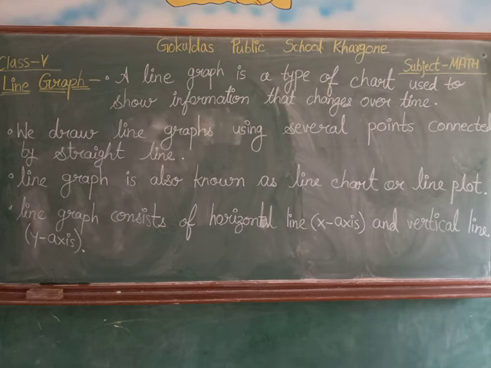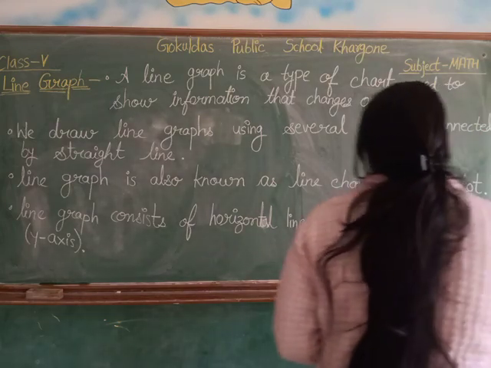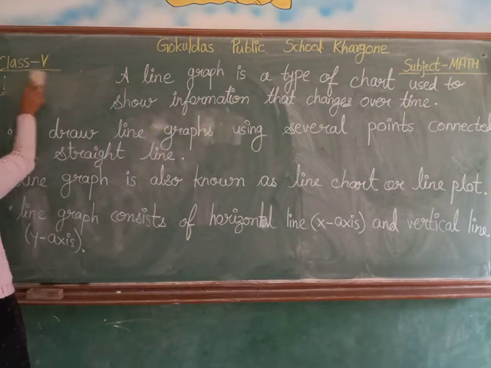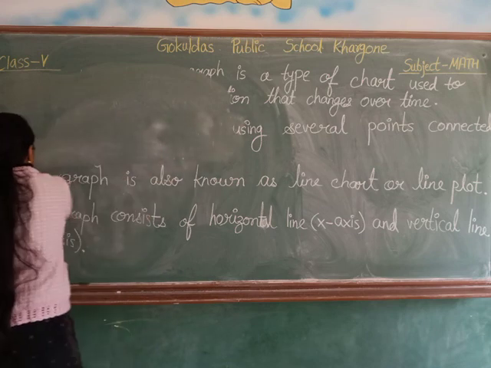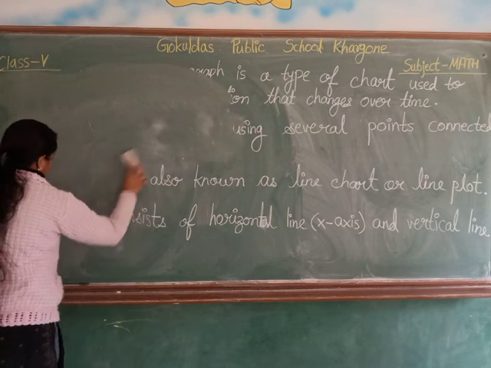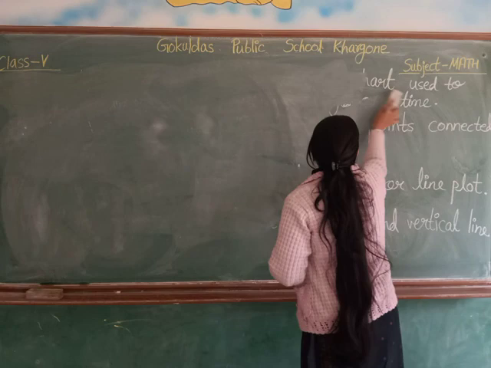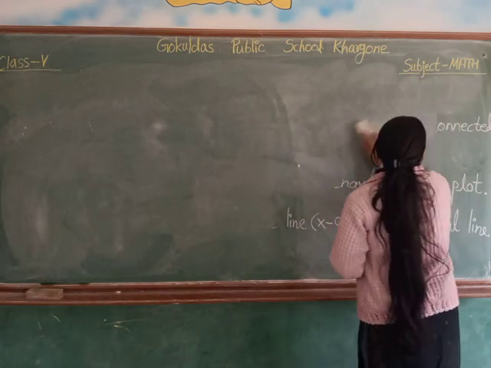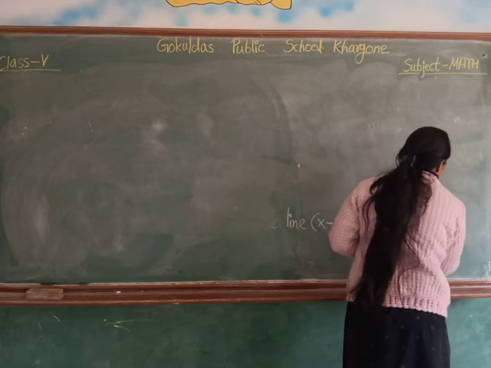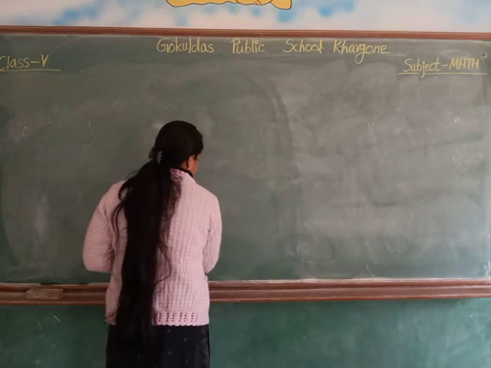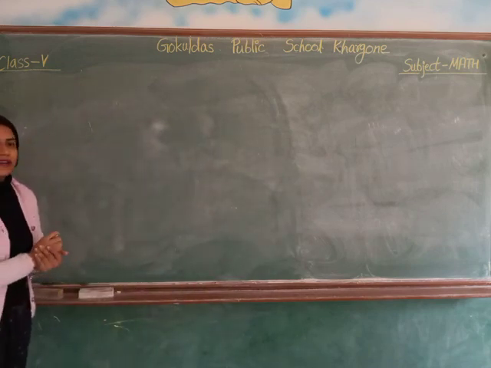Plotting is very easy. Suppose you are drawing a line graph, so what things must be on your line graph?